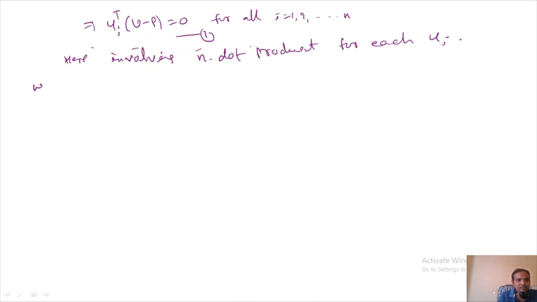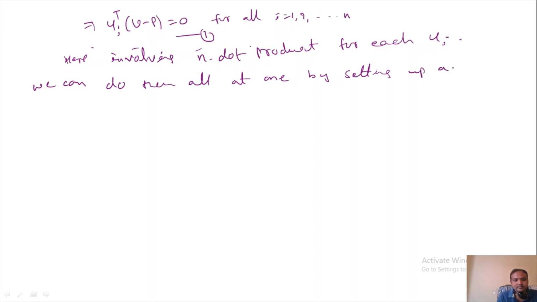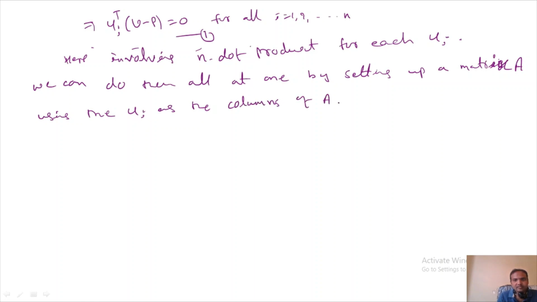Now we can do them all at once by setting up a matrix A, using the Uis as the columns.